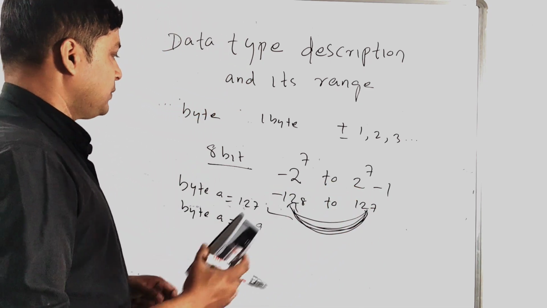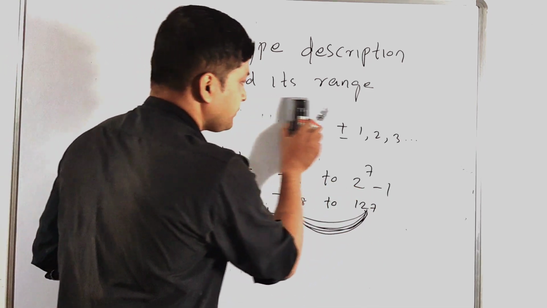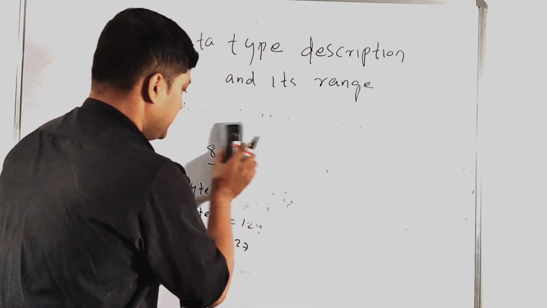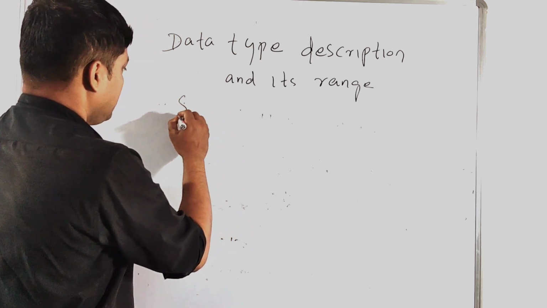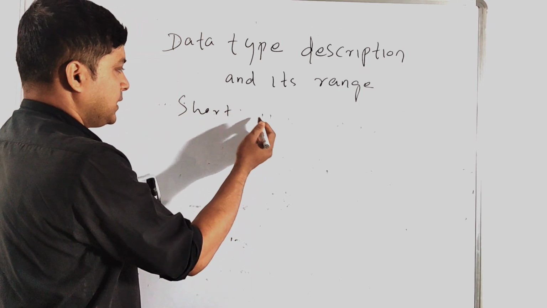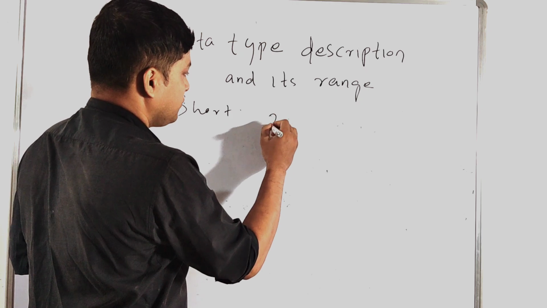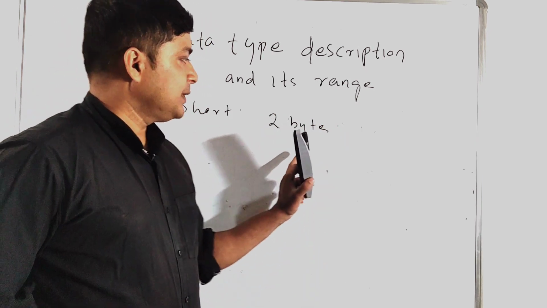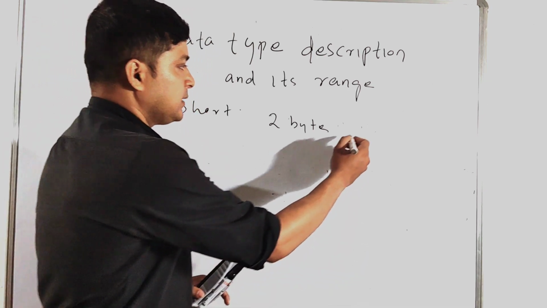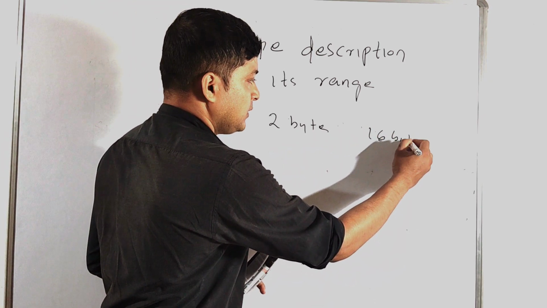For example, suppose I am taking the short data type. Short is 2 bytes, and 2 bytes means 16 bits.